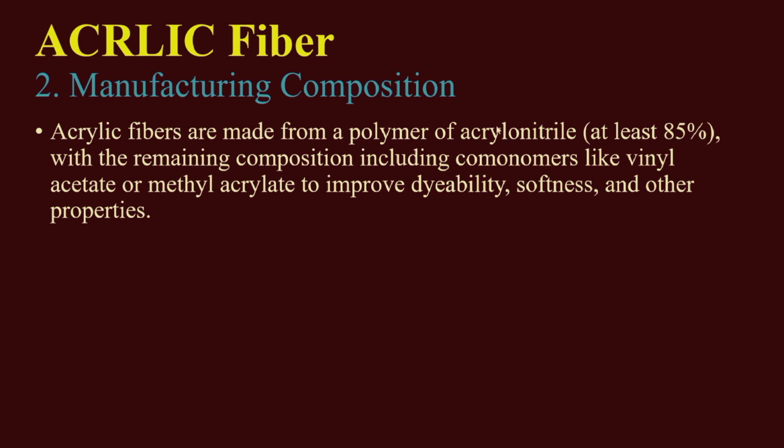As we have also discussed this in initial slides, polymer of acrylonitrile means at least 85% acrylonitrile with the remaining composition including common comonomers like vinyl acetate and methyl acrylate to improve dyeability and softness and other properties. So the main component is acrylonitrile, that is about 85%.